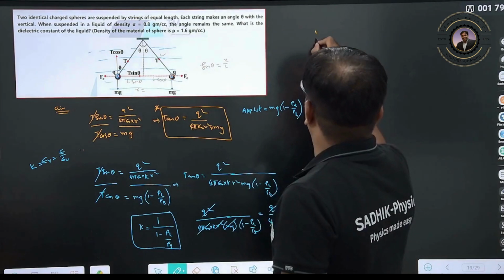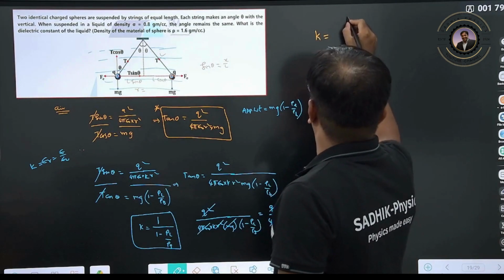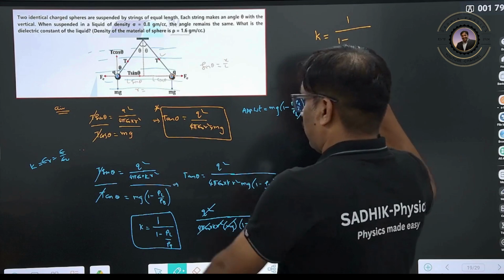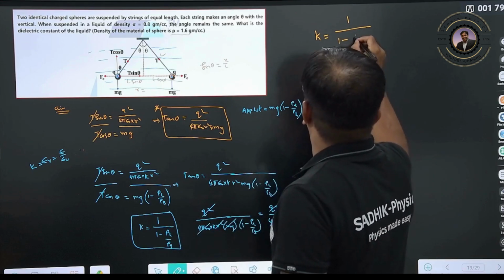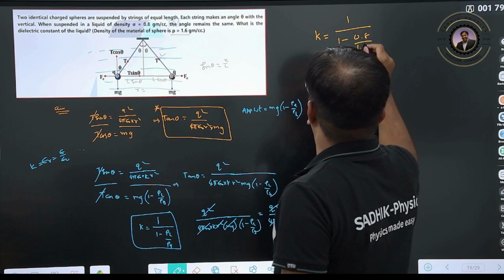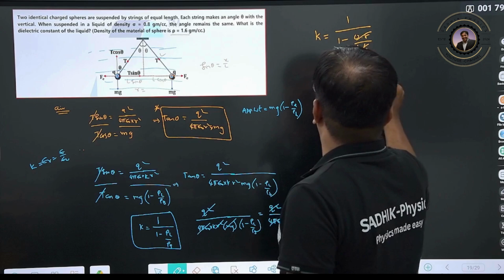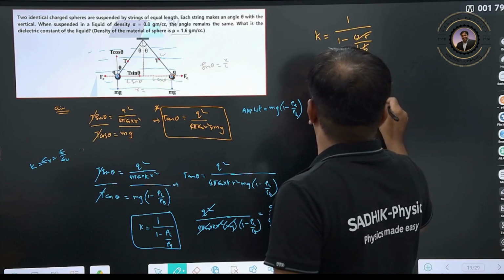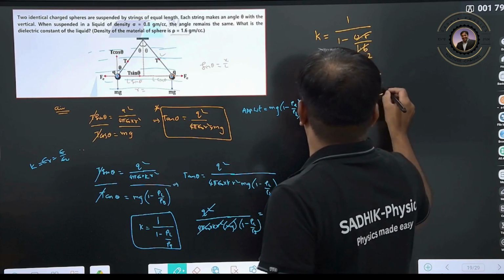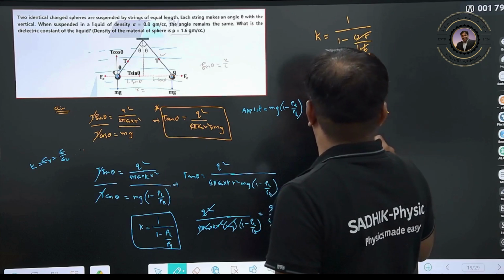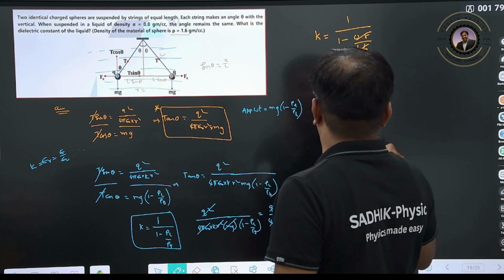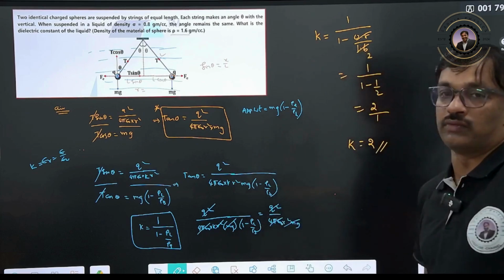Therefore k is equal to 1 by 1 minus 0.8 by 1.6, which means 1 by 2. So 1 by 1 minus 1 by 2, therefore 2 by 1, so the dielectric constant is equal to 2.